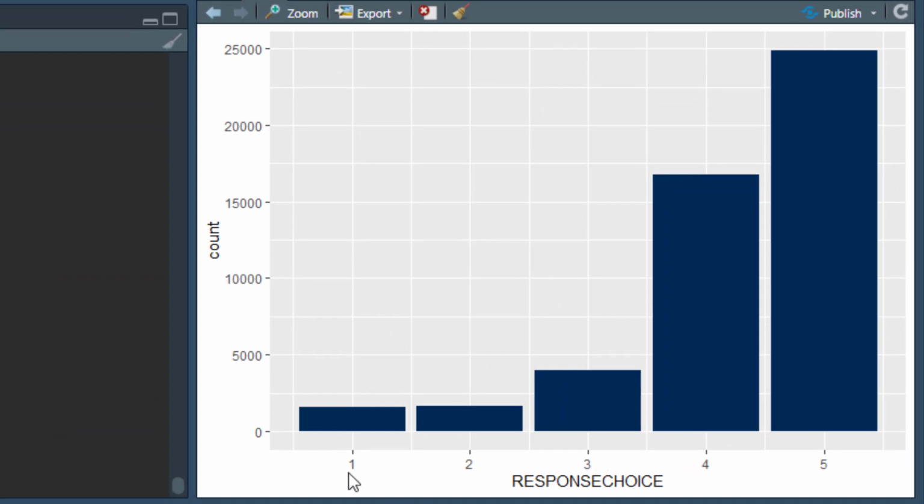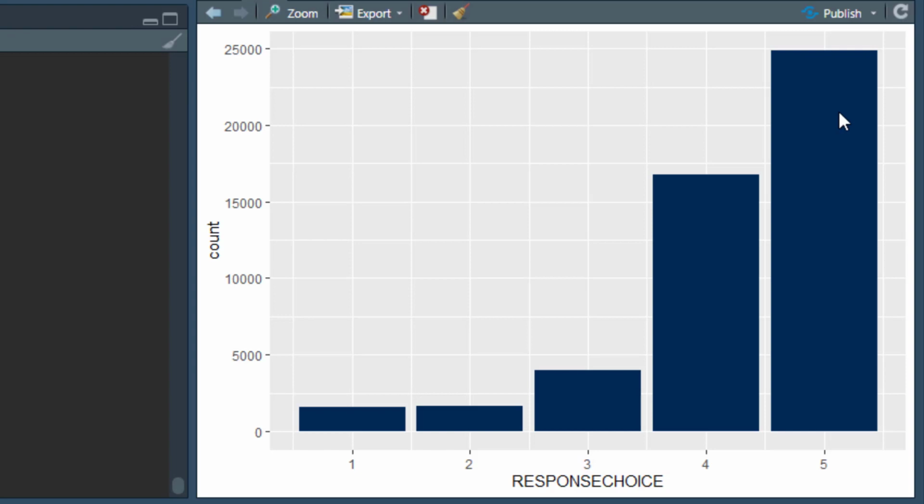This is not the response description, but rather the numeric value, so 5 would be strongly agree, then neutral, disagree, and strongly disagree. We can see that the response distribution for question 112 mimics that of all the questions, that it's really heavily skewed towards strongly agree. So that's some insight about the distribution for our success indicator for our classes.